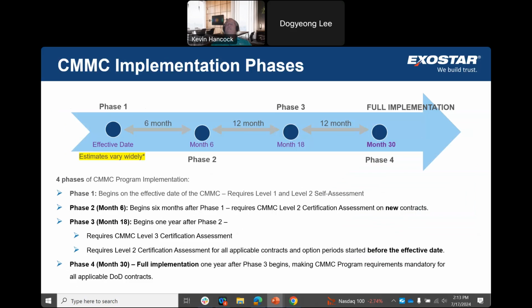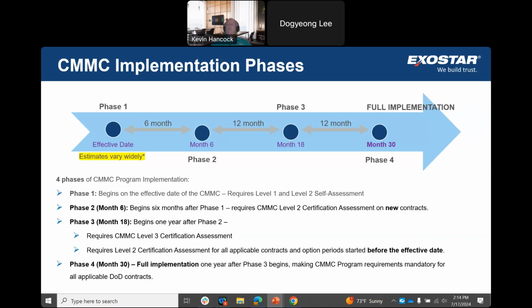Now, when the CMMC plan was announced and the proposed rule came out, they also put out an implementation plan in which it will be adopted. And that's what you see here. So it's a 30-month phased period to fully implement CMMC.